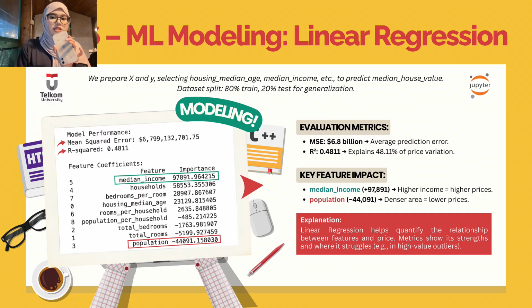The MSE was 6.8 billion and the R-squared score 0.4811, indicating the model explained 48.11% of price variation. Key predictors included median income as most influential, while population and total rooms showed a weaker impact. So income remained the strongest determinant of house prices, highlighting areas for model improvement.